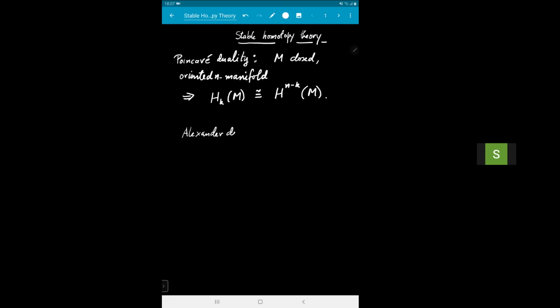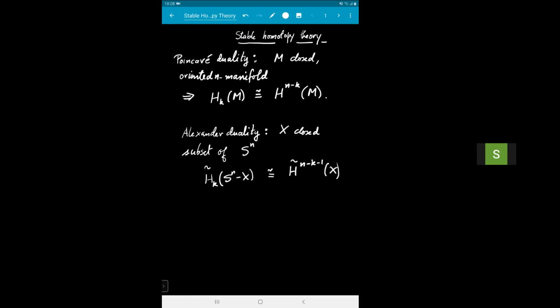This says that if X is a closed subset of the n-sphere S^n, then the reduced kth homology of S^n minus X is isomorphic to the reduced (n minus k minus 1)th cohomology of X. So the cohomology of X appears as the homology of the complement of X in S^n.